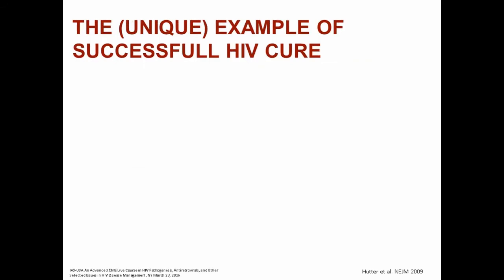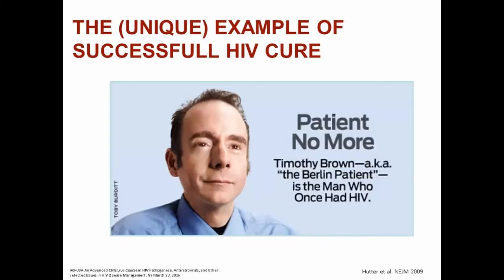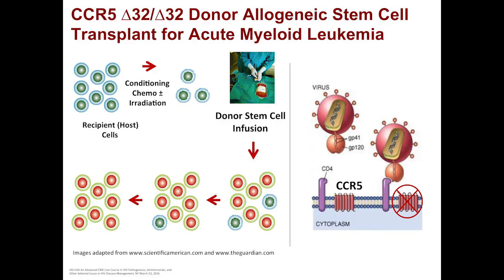Actually, there is one unique example of a successful cure for HIV infection, which is called the Berlin patient, Timothy Brown. He is a person who had a tumor, leukemia, and he received a transplantation of cells from an allogeneic donor, I mean a person with a completely different HLA.